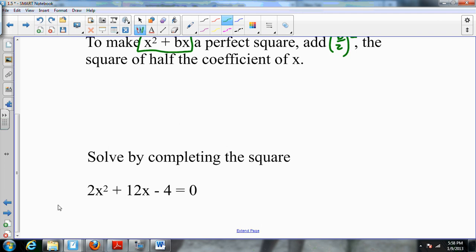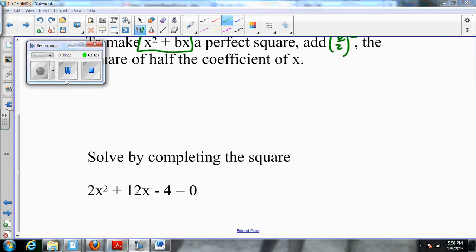Okay, we're going to start by looking at our equation. 2x squared plus 12x minus 4 equals 0. This is not factorable in the fashion that it's in. So we need to get it in the form ax squared plus bx.